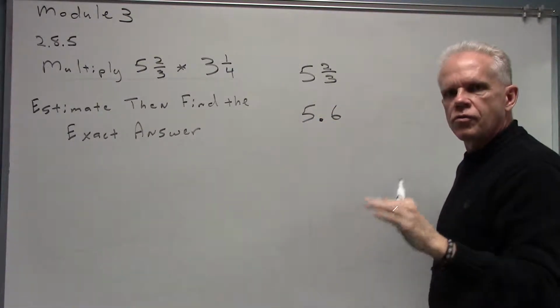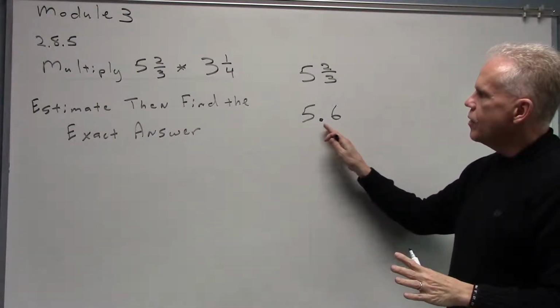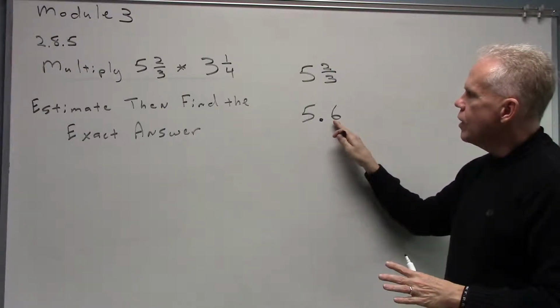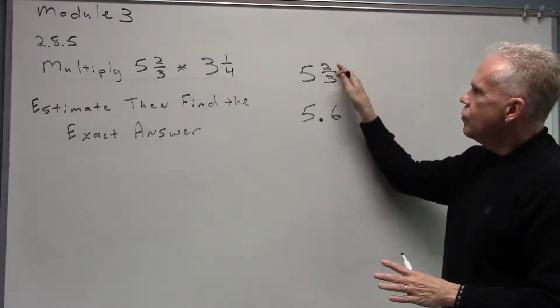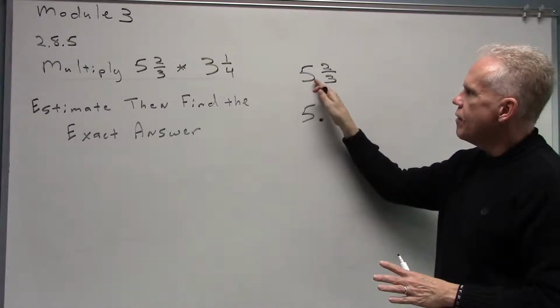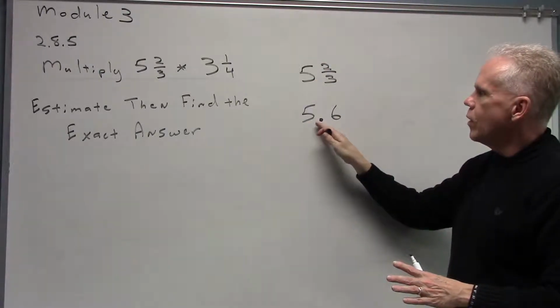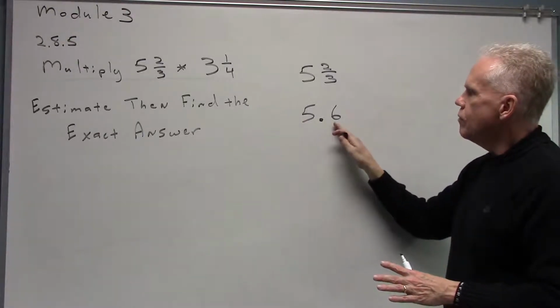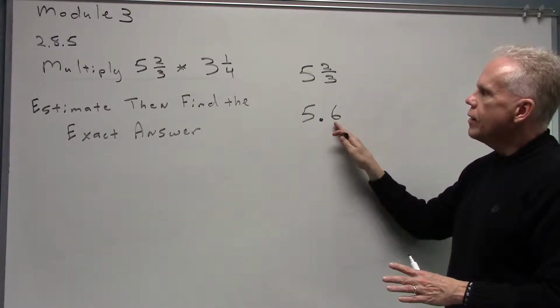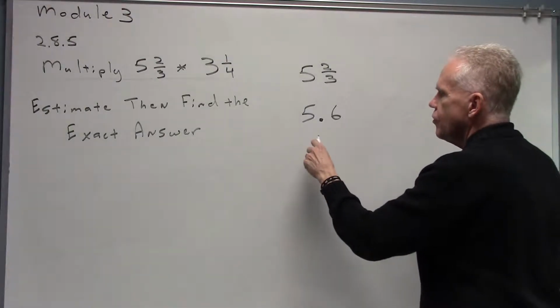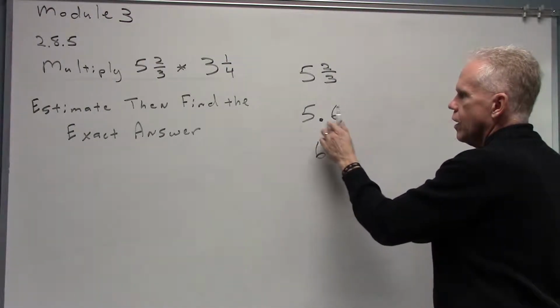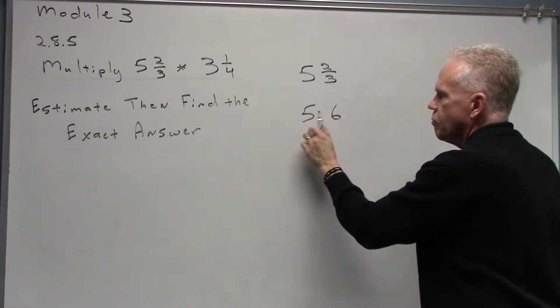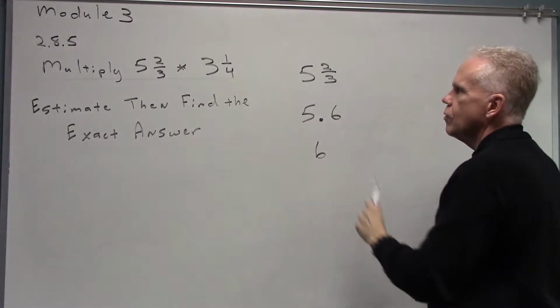It'll be a bunch of sixes, but the only number I'm interested in is the first number past the decimal. So 5 2/3 is like 5.6. Now we can round that off to a 6, because this 6 bumps the 5 up to a 6.